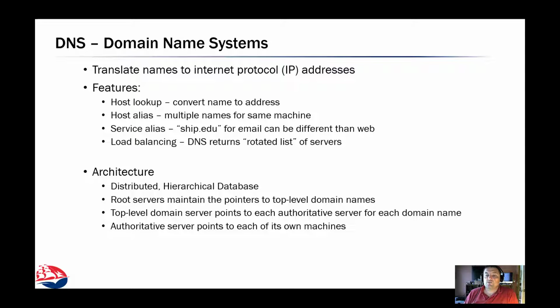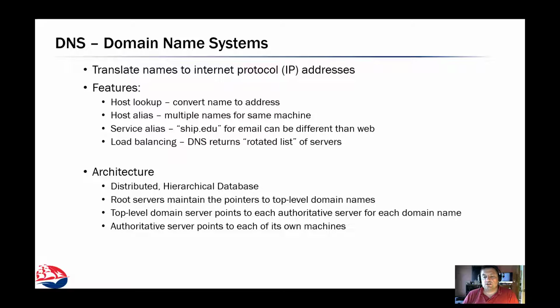DNS also has support for load balancing. In this case, I mean load balancing for the servers that it resolves names for. So a given name can have many IP addresses associated with it. And the order in which those addresses are returned by the DNS server is randomized, or maybe it's given in a round-robin nature.